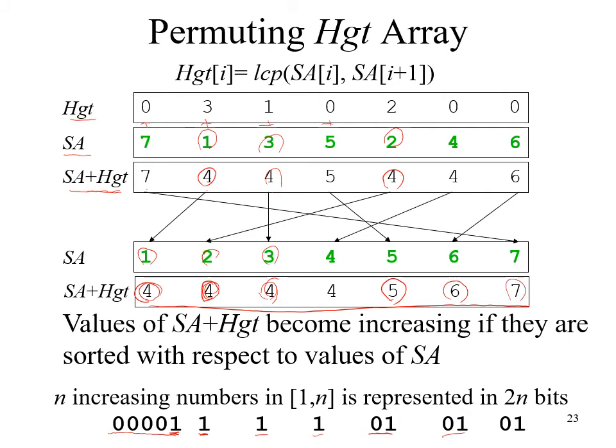This is 1 greater, so 0, 1. Then the length of this bit vector is at most 2n. There are exactly n ones, and the number of zeros is at most the last value, which is at most n, so the length is at most 2n.